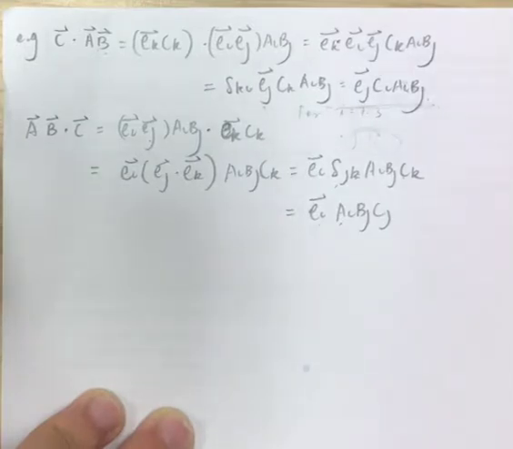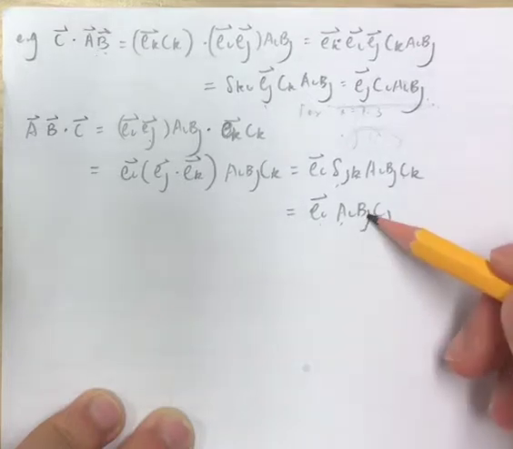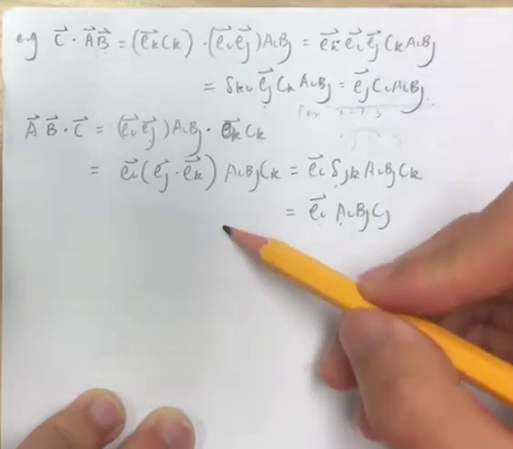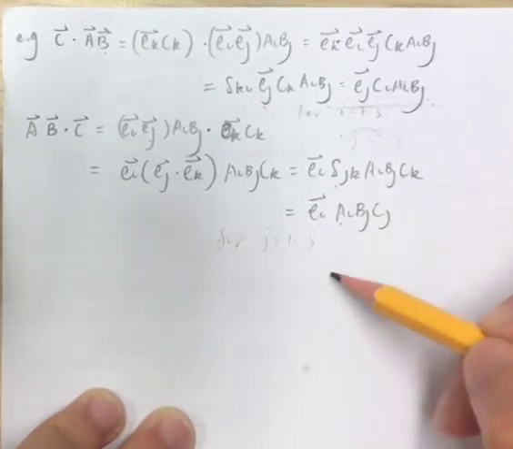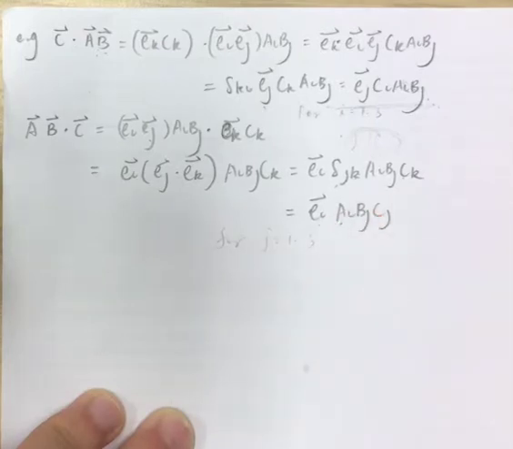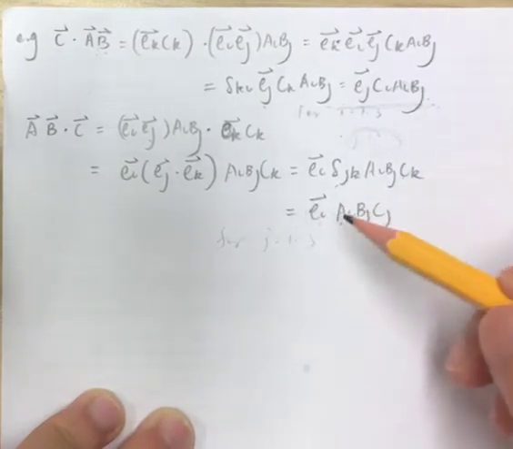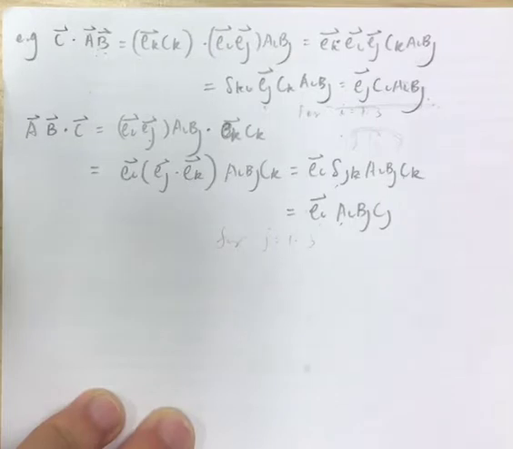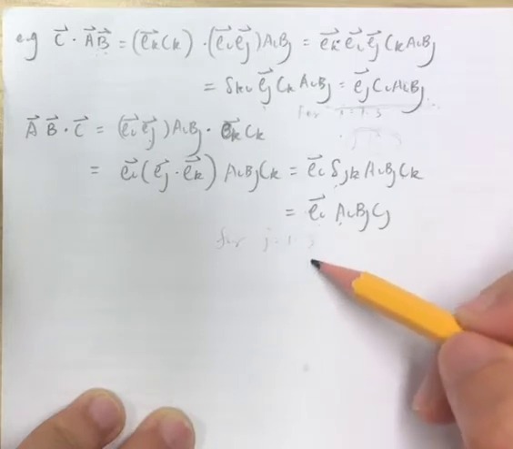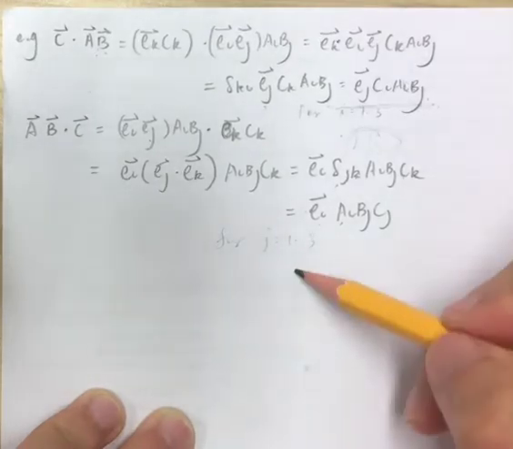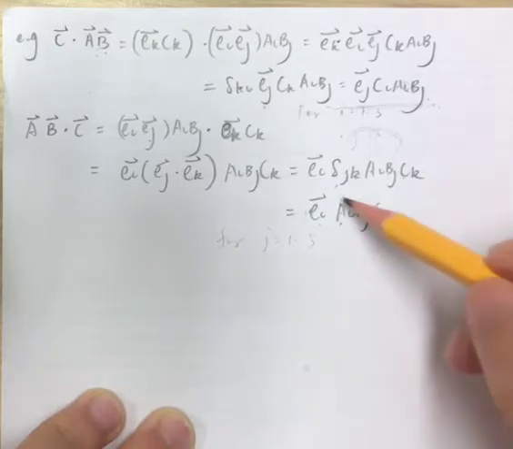Well, now I think it's easier for us to first set the outer loop to be the loop on j, for j equals 1 to 3. And here, when i goes from 1 to 3, what do we have? e_1 A_1 plus e_2 A_2 plus e_3 A_3. This is just the A vector. So every time we set a j value, we will get a multiple of the A vector. So what do we end up with?